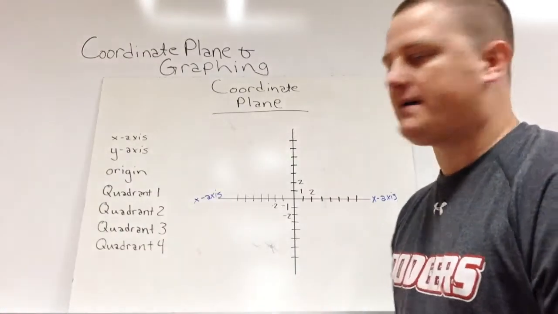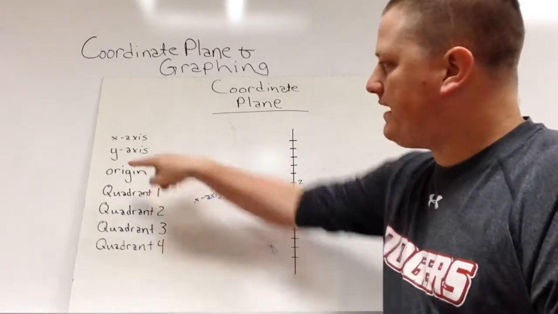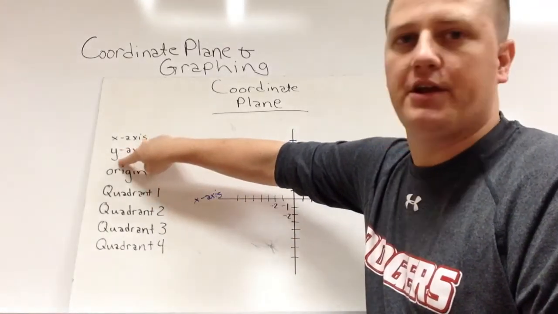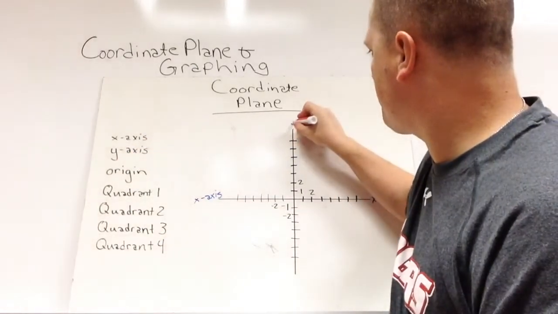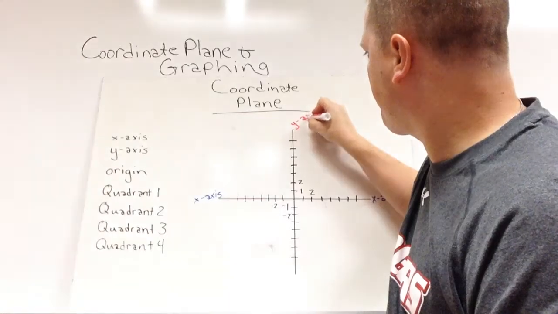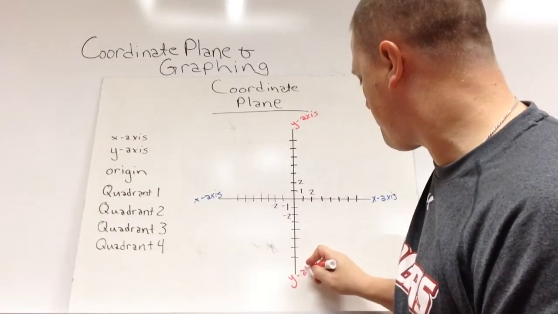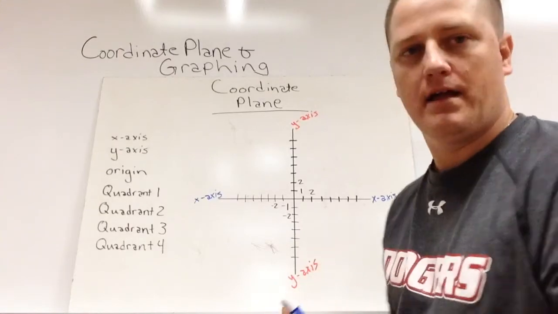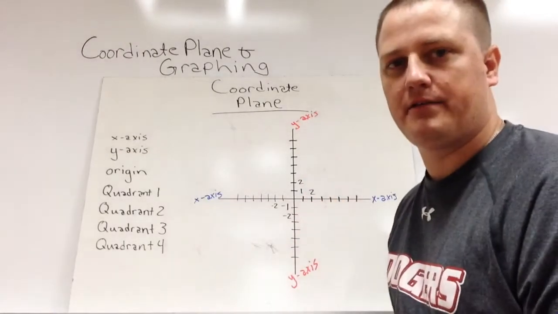Then we have our y-axis. Our y-axis is vertical. Easy way to remember that is the y has that vertical tail, so it's got to be the vertical axis. Again, positive and negative sides.